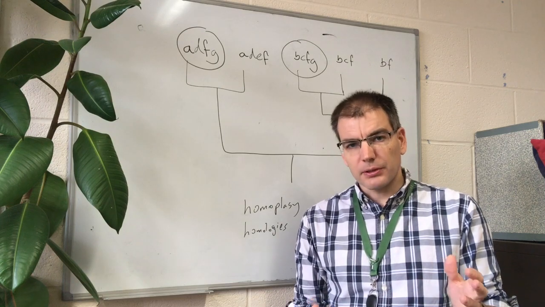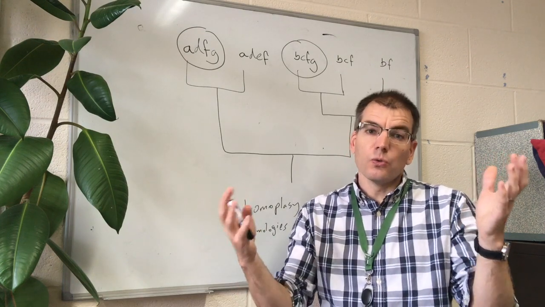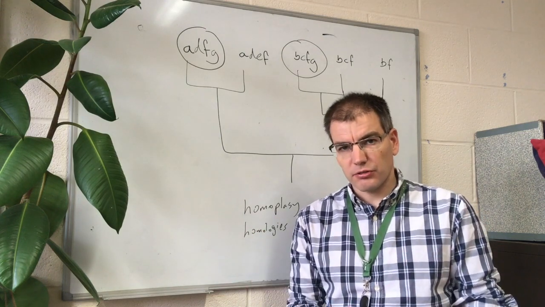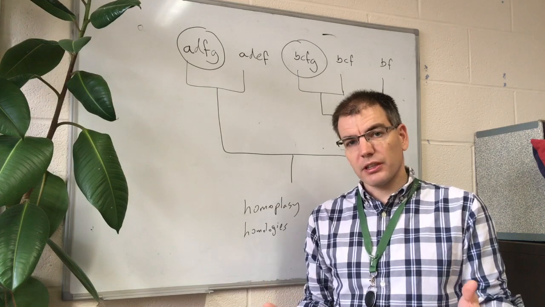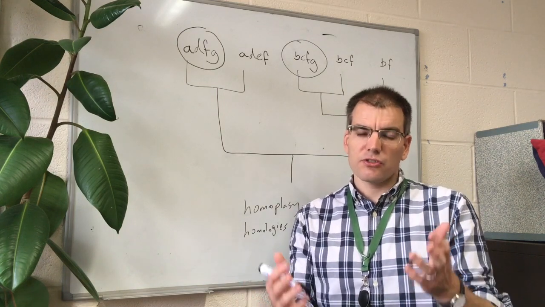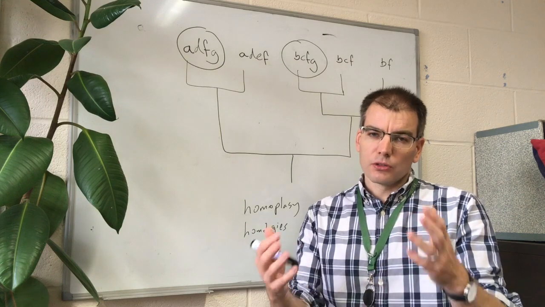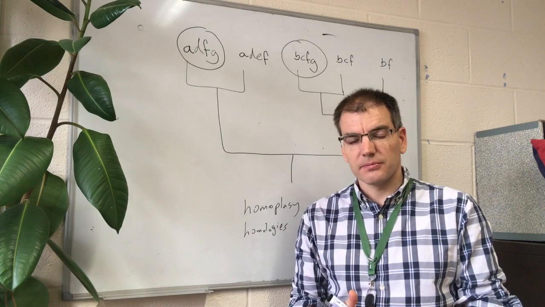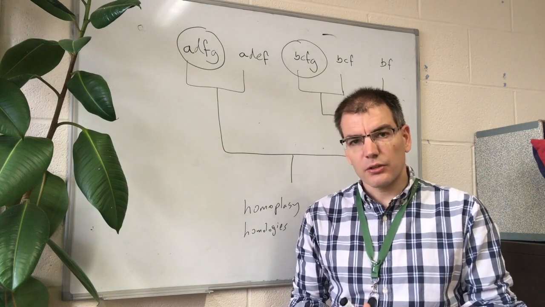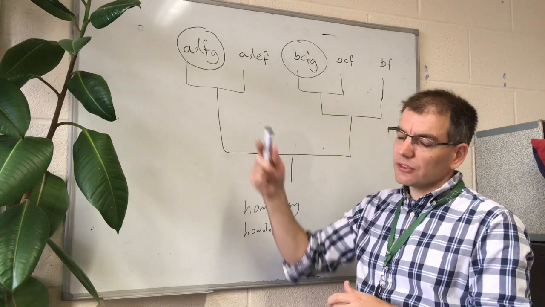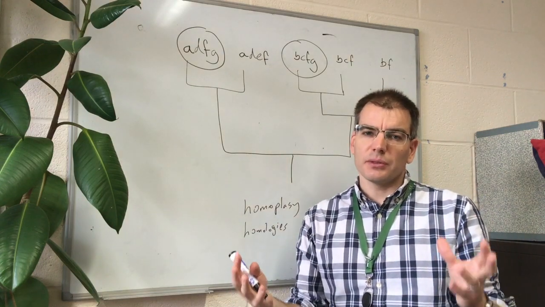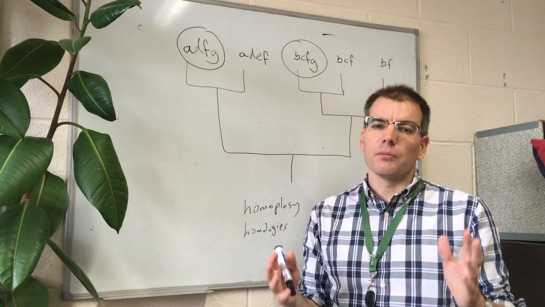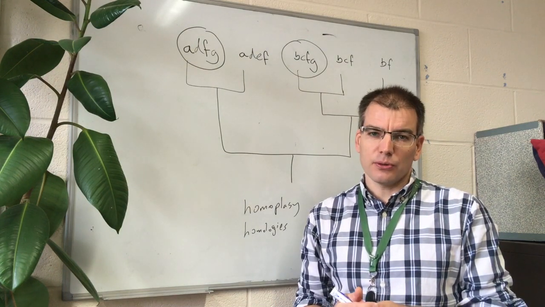But often that doesn't happen, and often we are trying to weigh up statistically the different probabilities of different trees. And so you get different trees according to what data set you use, which genes you use, which models of evolution you use, what statistical methods you use to analyse the trees. You get lots of different results. And all of this is because the characters in life are all jumbled up in such a way that they don't fit neatly into a nested hierarchy. And this is what makes phylogenetics a really difficult area.